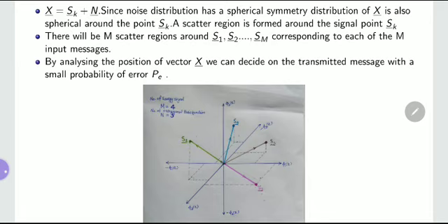We can't draw this n-dimensional space, so I have drawn a 3-dimensional space. So you have 3 axes, phi 1 of t, phi 2 of t and phi 3 of t. So capital N is 3, the number of orthogonal basis functions, and the number of energy signals sk of t is 4. Capital M is 4.